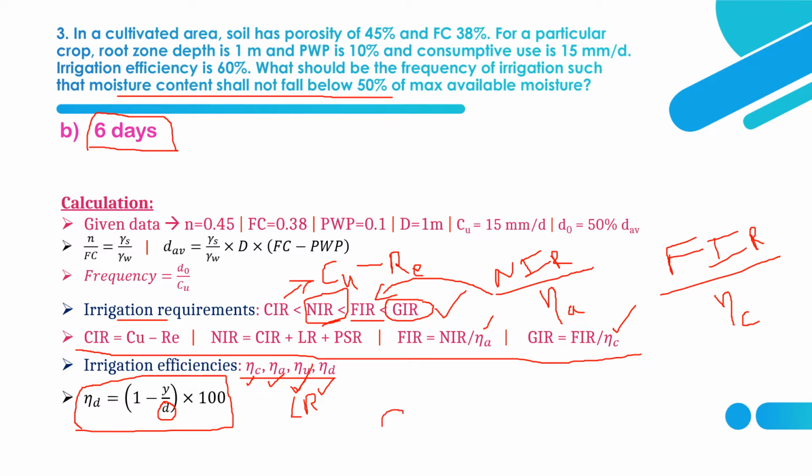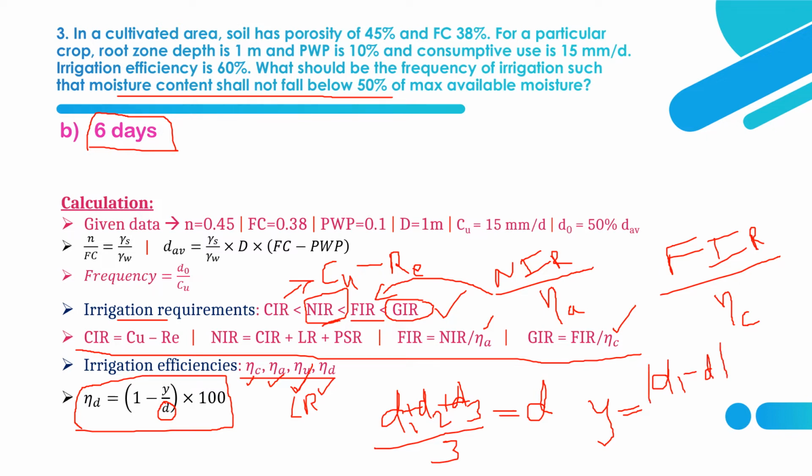For example, d1, d2, d3 are there. We have to calculate the average, so we sum them up and divide by 3. That is denoted as small d. In the case of y, the deviation is modulus of d1 minus d, considering only the positive value, plus similarly modulus of d2 minus d plus d3 minus d, divided by 3.